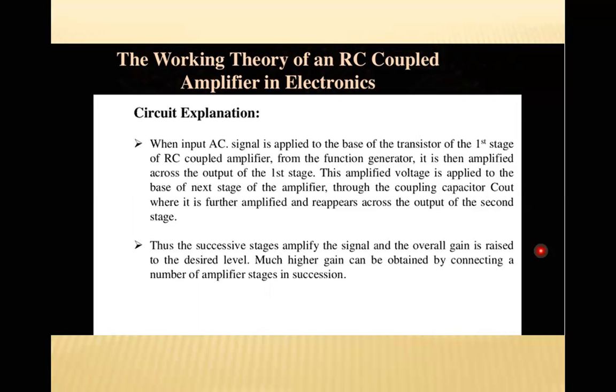This amplified voltage is applied to the base of the next stage through the coupling capacitor Cout, where it is further amplified and reappears across the output of the second stage. Thus the successive stages amplify the signal and the overall gain is raised to the desired level according to our applications. Much higher gain can be obtained by connecting a number of amplifier stages in succession.